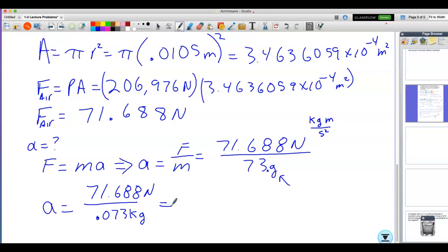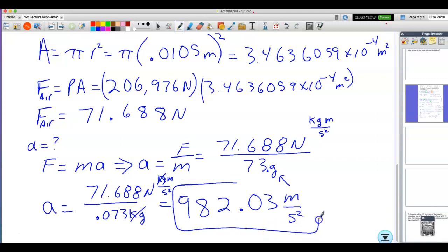When we divide that, we get 982.03, and remember, our Newton is a kilogram meter per second squared, so the kilograms cancel, and that leaves us meters per second squared, which is an acceleration. So that dragster would have an acceleration of 982.03 meters per second squared.